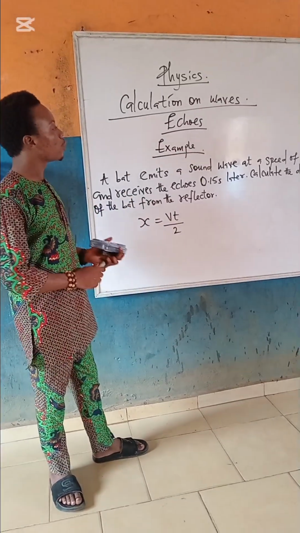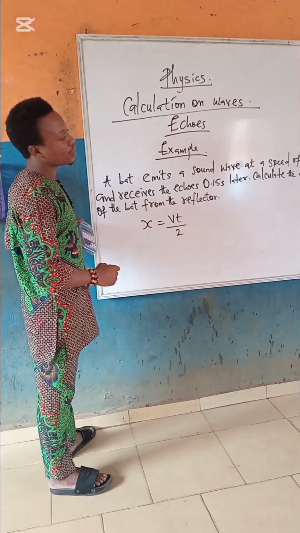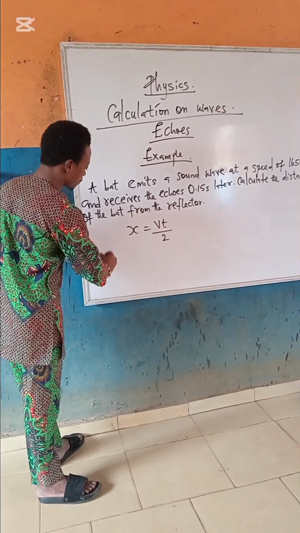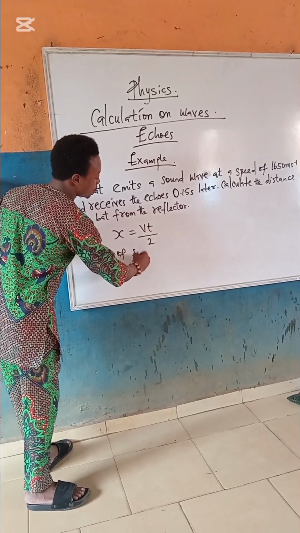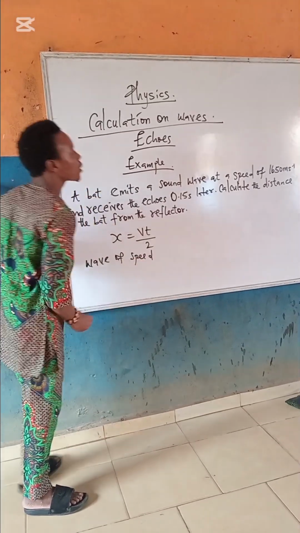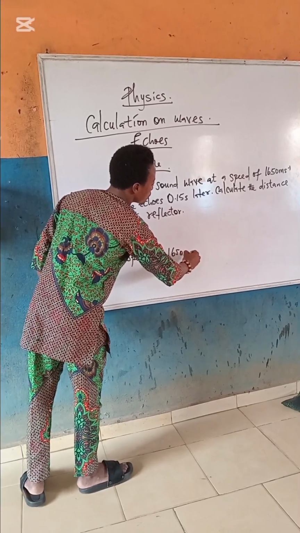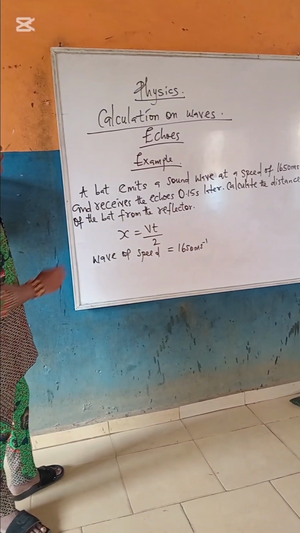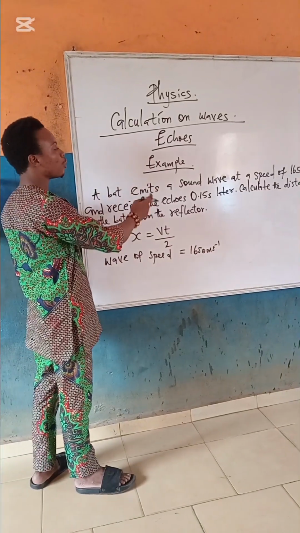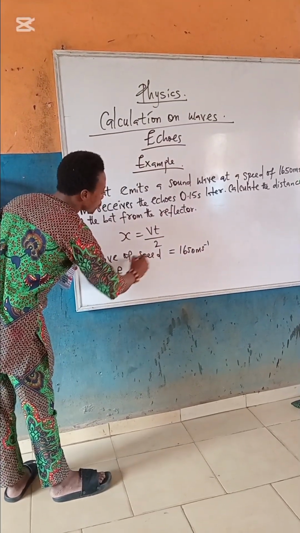From this question, if you look at it, you will have that your wave speed is equal to 1650 meters per second, and it receives the echoes, that is echoes time.